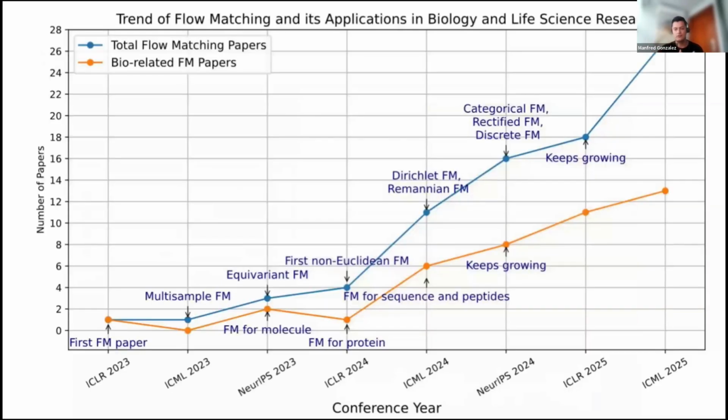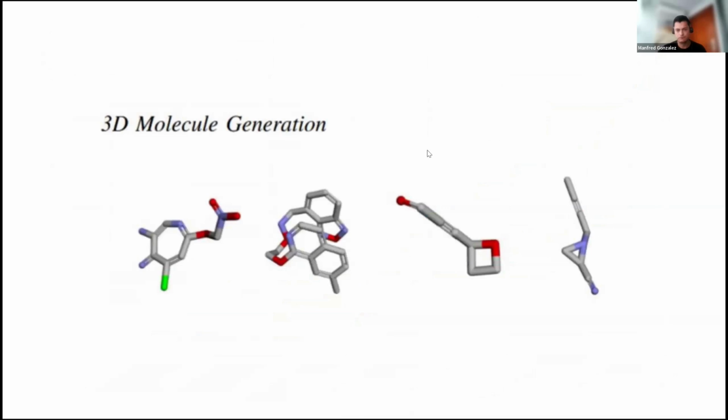So which algorithms or which applications can we see that have been using flow matching in the state of the art? This is one of the examples in biology and life science research. You can see that the number of papers in the last years, for example, NeurIPS, ICLR, and ICML is increasing a lot by using flow matching in their applications.